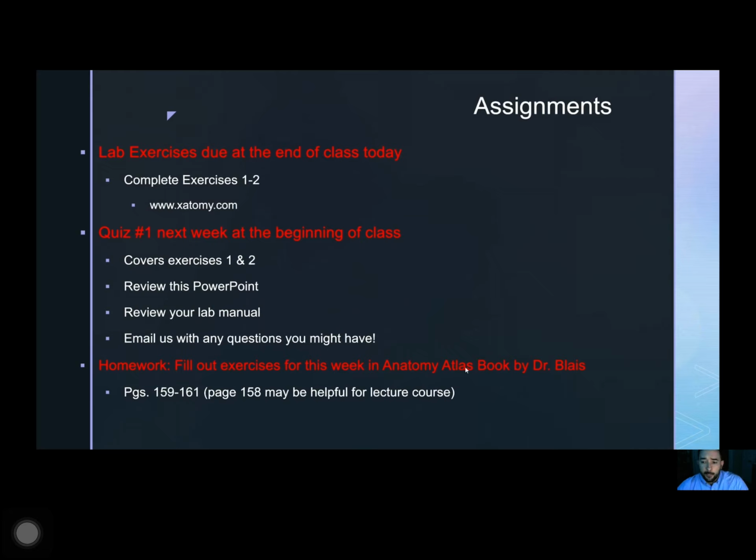Now, this book has been giving people issues this week, and you will need to go physically to the bookstore and ask to buy a copy. For some reason, if you try to order it online, it's saying that it's back ordered. So do your best to get this book.